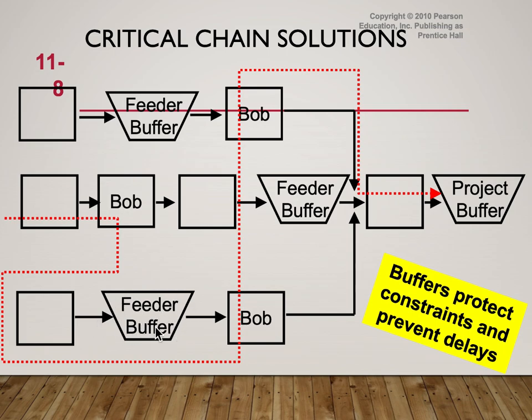For example, it could be time, manpower, or when he has to do certain things, there's a buffer for it, like a storage, for example. And here is the critical chain.